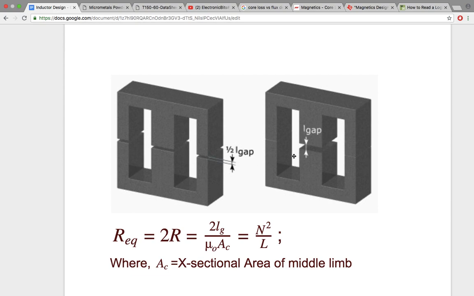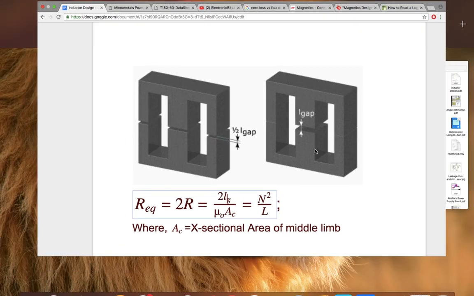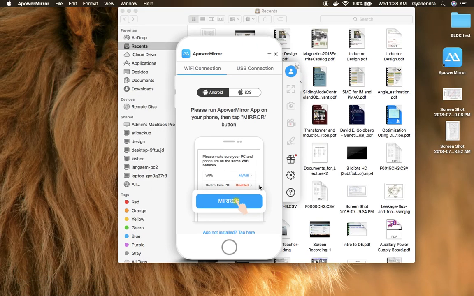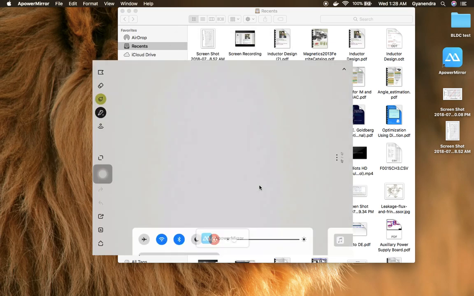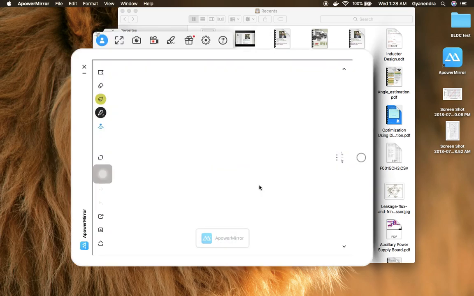So basically, let's say you have this kind of arrangement, and LG is the length of air gap, and the reluctance is nothing but LG by mu naught A C. Let us take this circuit diagram.